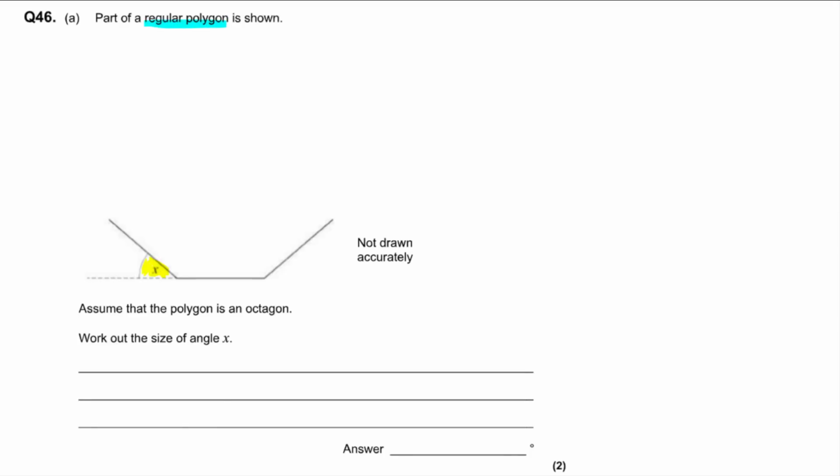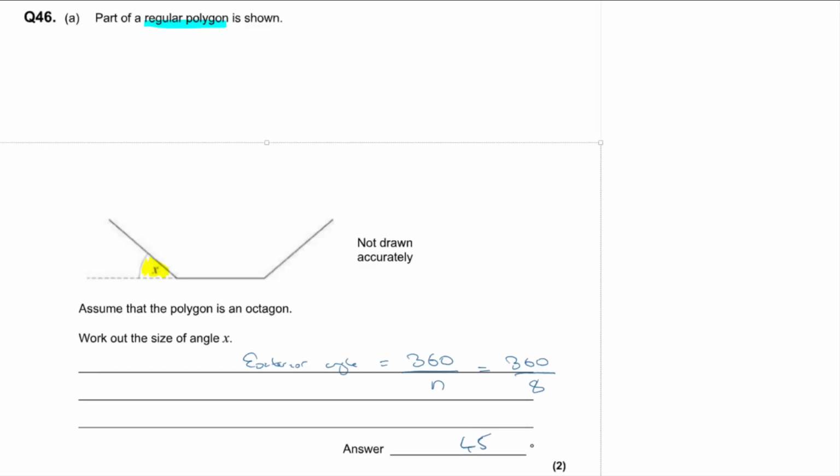So the exterior angle of a regular polygon is given as 360 degrees divided by the number of sides, in which we're assuming the number of sides is 8 in this case. So 360 divided by 8, what's that then? That comes out to be 45 degrees. So according to it being an octagon, it's going to be 45 degrees.